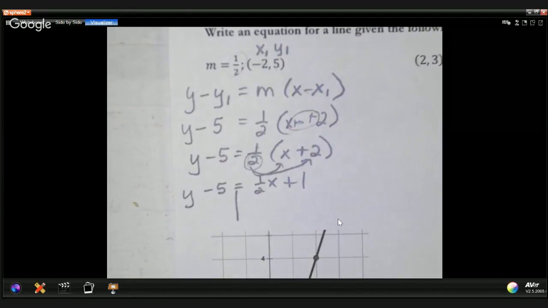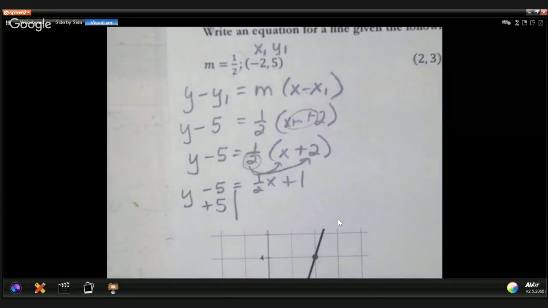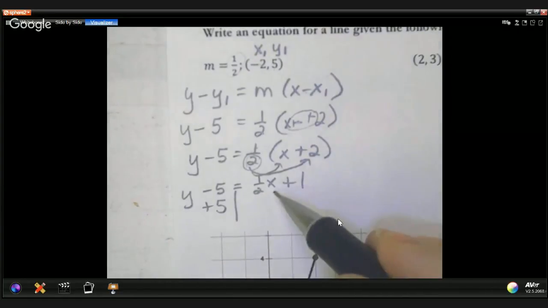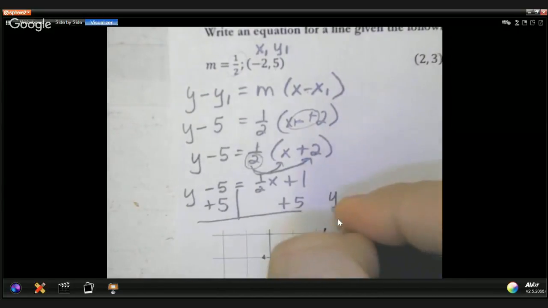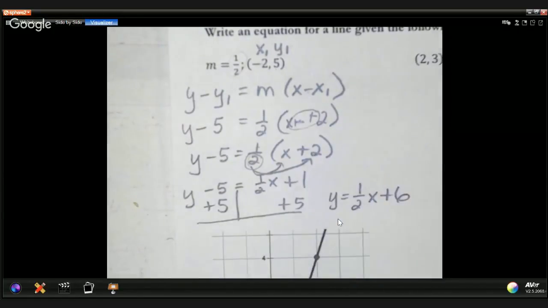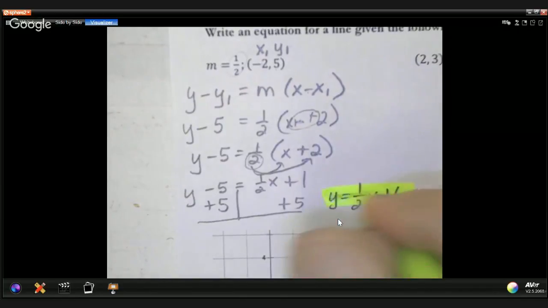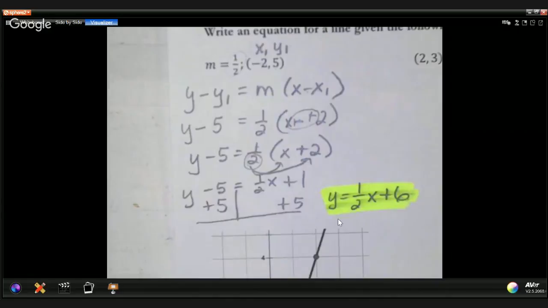The way I get rid of a minus 5 is I'm going to add 5. Where you need to be careful is where you add it to. It can't go under an x, so it goes underneath the 1. So my answer for this problem is 1/2 x plus 6. That is the equation of the line that has the slope of 1/2 and passes through the point -2, 5.